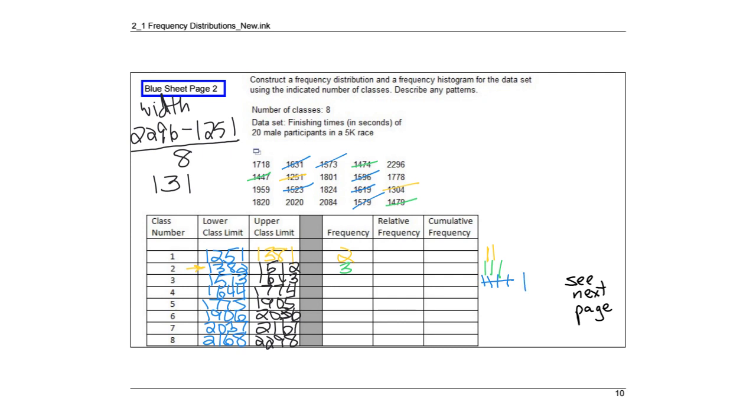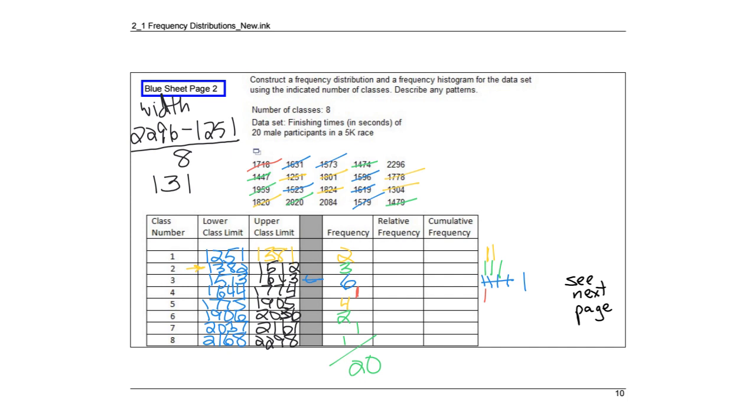Notice as I went along, after I got to 4 tick marks, I would put a line through so that I knew I was at 5. And so there were actually 6 numbers that fit between 1,513 and 1,643.